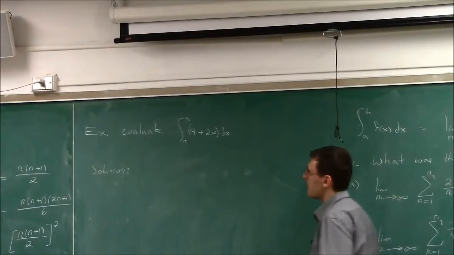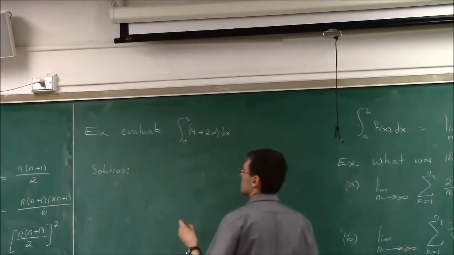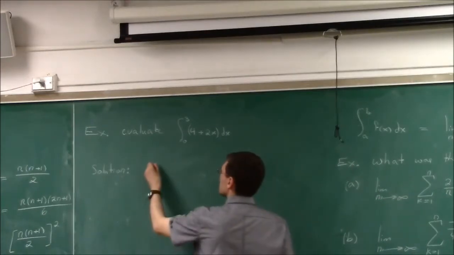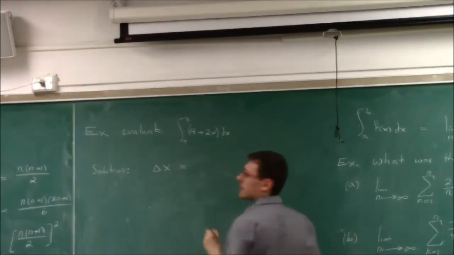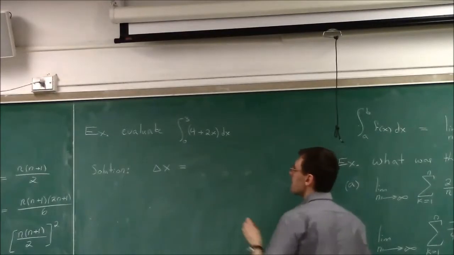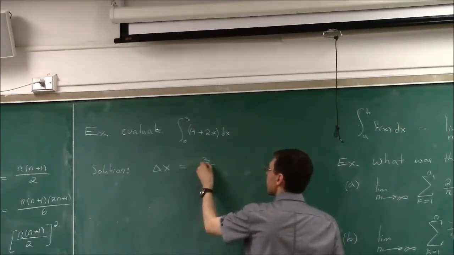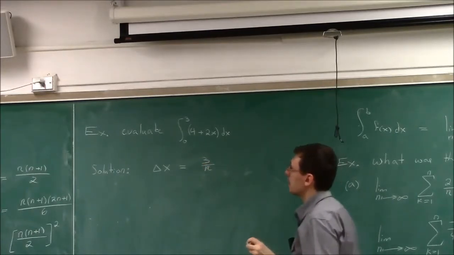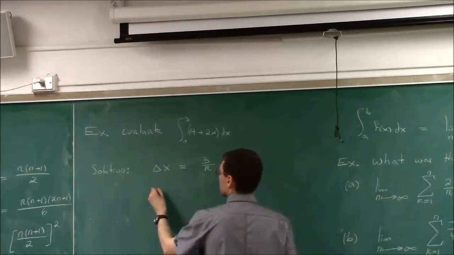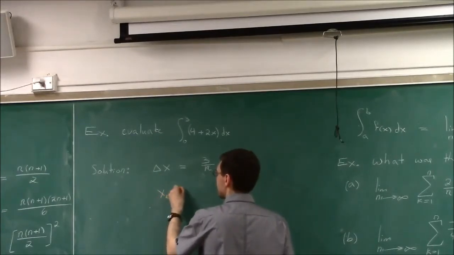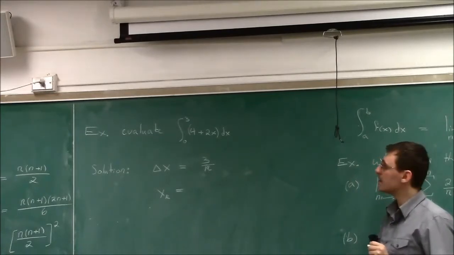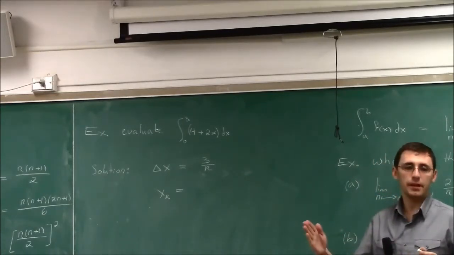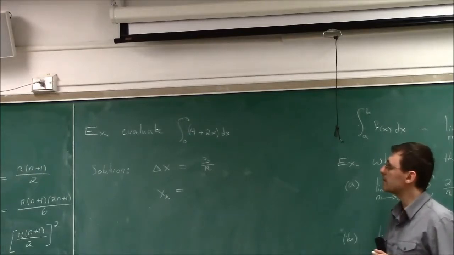All right. So first we can very quickly set it up. What is delta x? 3 over n. 3 over n. Very good. Then I need to figure out what is x sub k. x sub k is the kth approximating point.